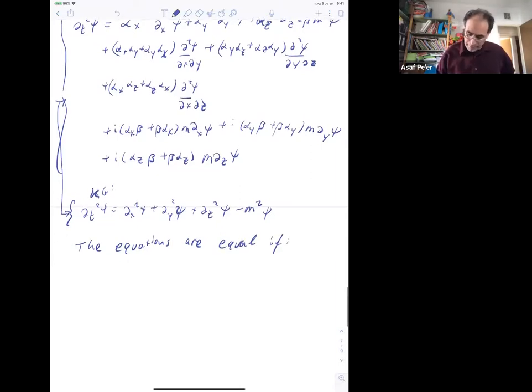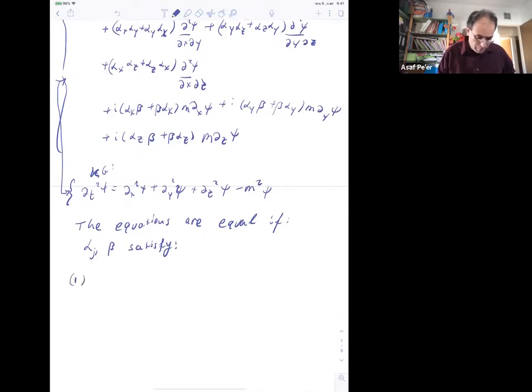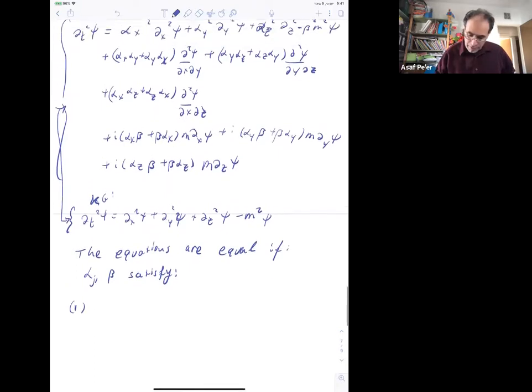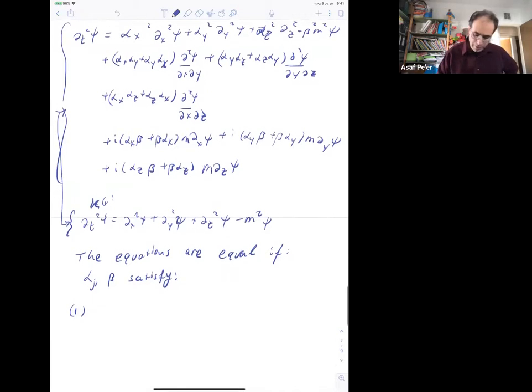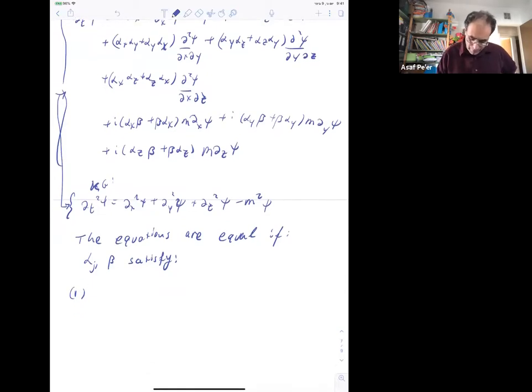If alpha j and beta satisfy a set of conditions. So one is that, of course, alpha x squared, alpha y squared, alpha z squared, and beta squared all need to be equal to unity.